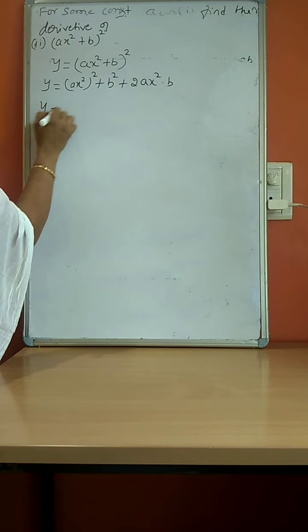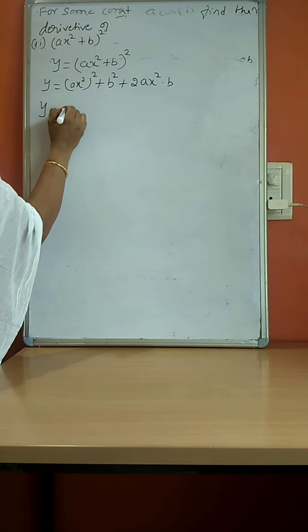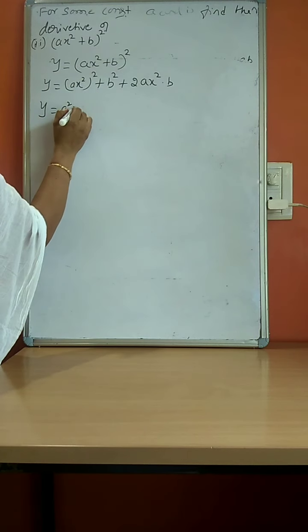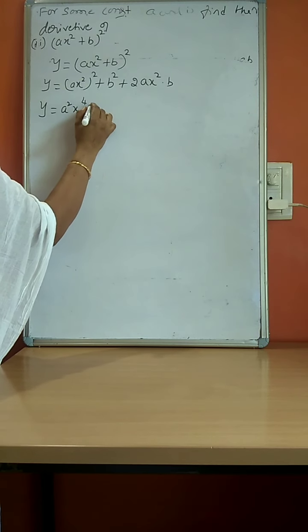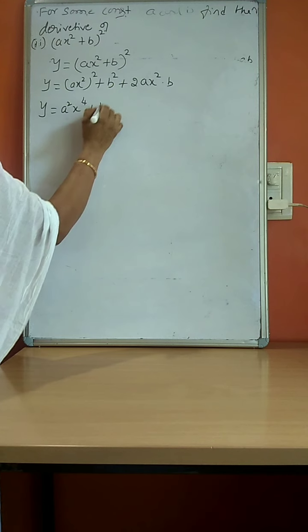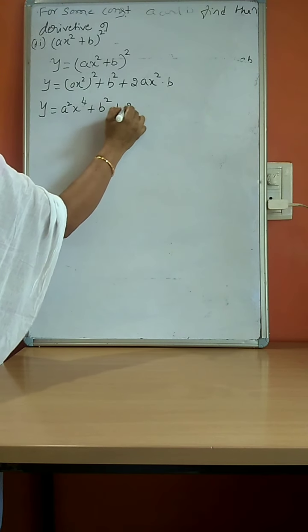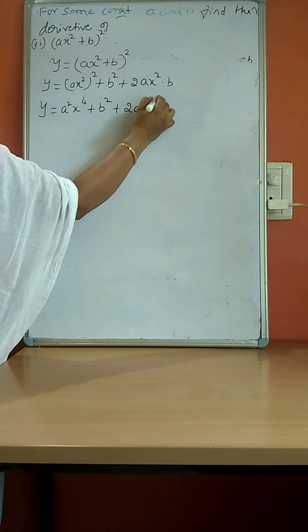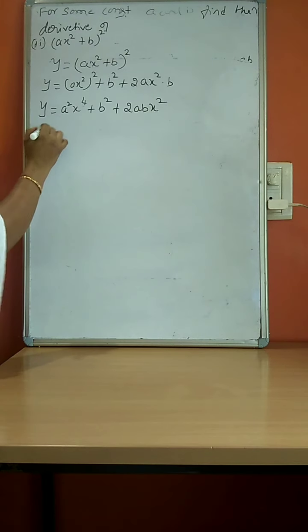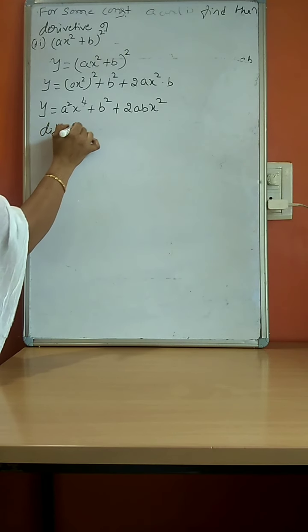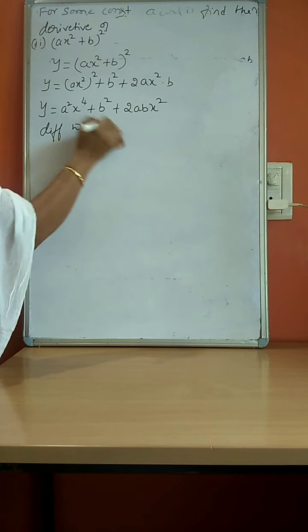That is y is equal to a square x square whole square, meaning a square x to the power of 4, plus b square, plus 2ab x square. Now differentiate with respect to x.